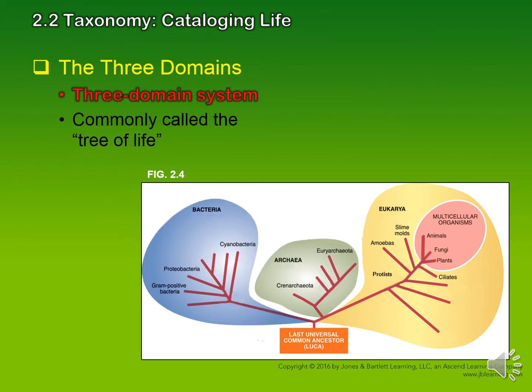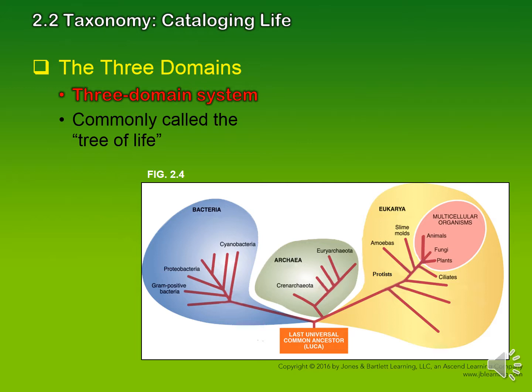Okay, and this is called the tree of life because if you look at the very start of this tree, okay, the one universal ancestor is at the base of the tree, and then everything branches off from there.